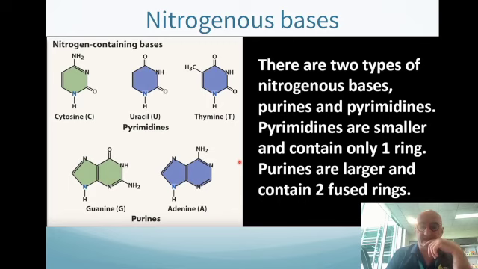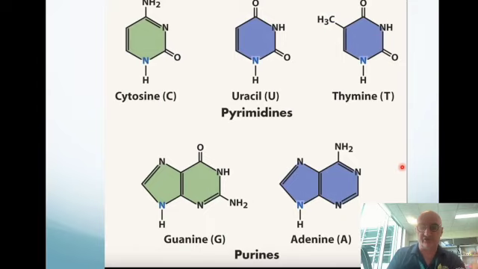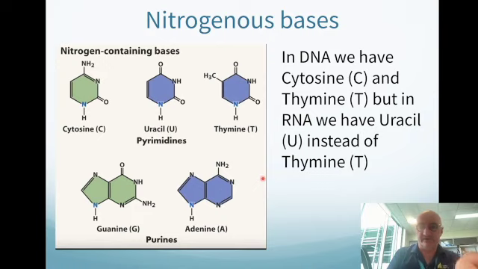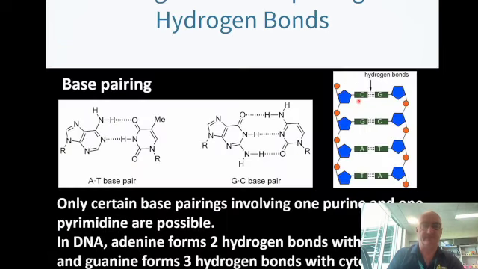Here are the bases. They're in your data booklet. You don't need to learn them. There they are. Pyrimidines and purines down here. You can see that there's 1 ring and 2 rings for the purines, guanine and adenine. In DNA, we have cytosine and thymine, but in RNA, uracil instead of thymine. If you don't know that yet, please just remember it for Friday. Base pairing, we say AT and GC.